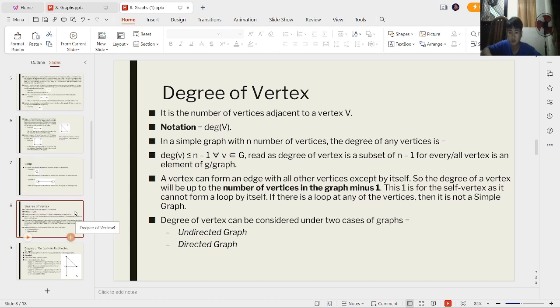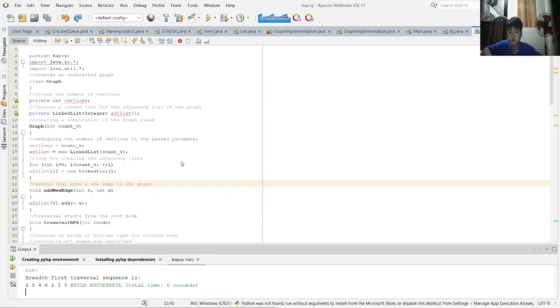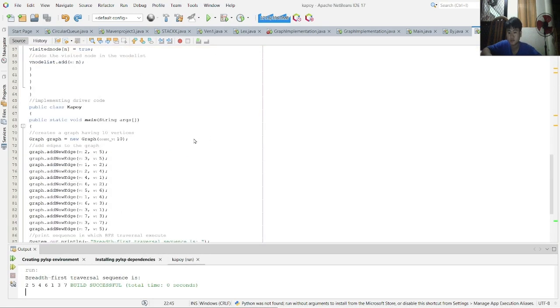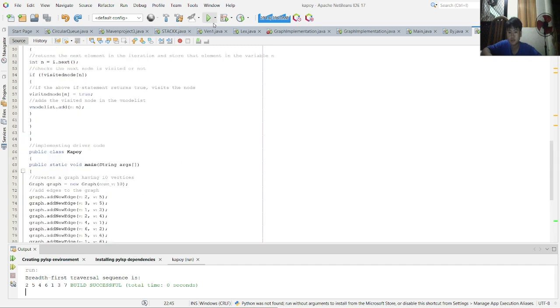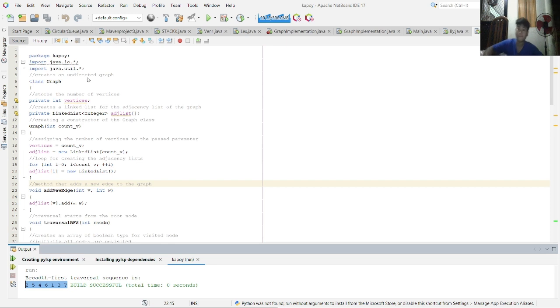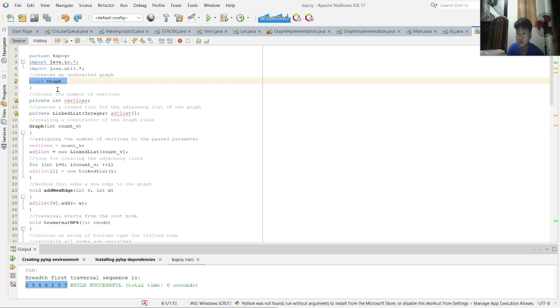I have a code here. This is the code. Let's run it. This is the output. This class represents an undirected graph.